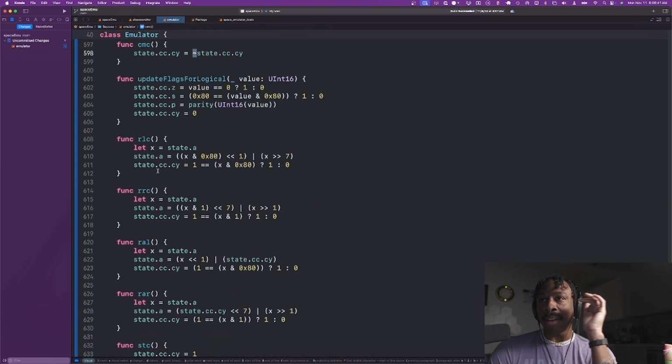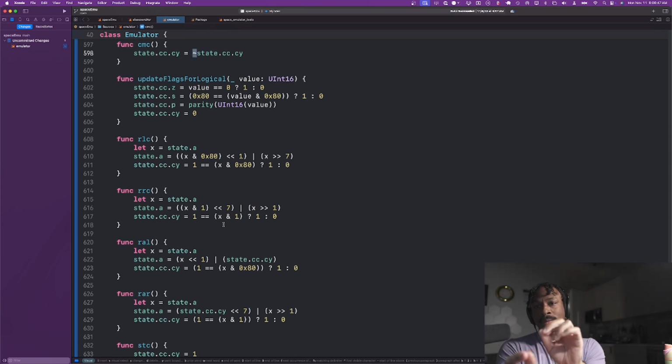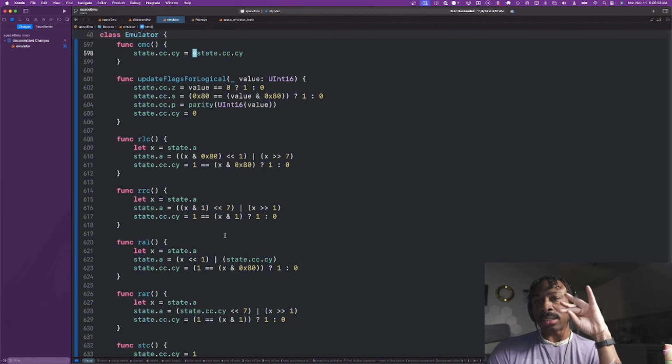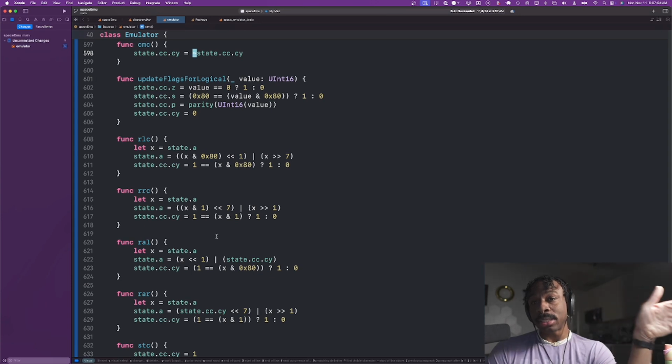Down here we have rotate instructions, and what rotate instructions do is just take every bit and move them over one spot. This is useful for multiplication and division. The 8080 processor doesn't have multiplication instructions built in, so it does multiplication by just shifting the bits.